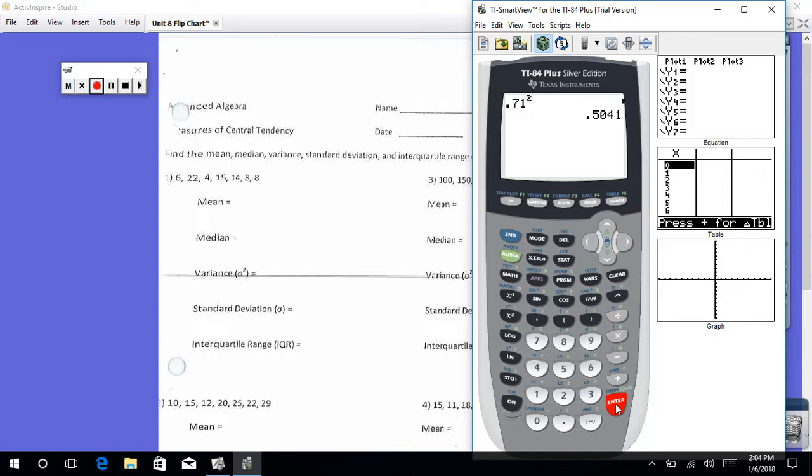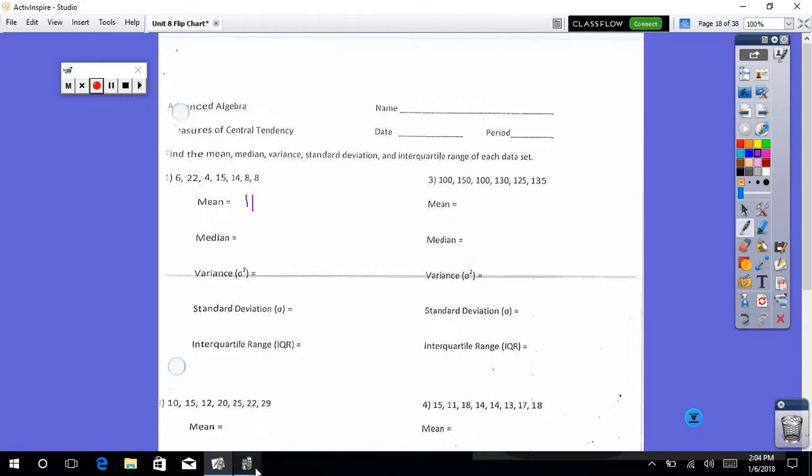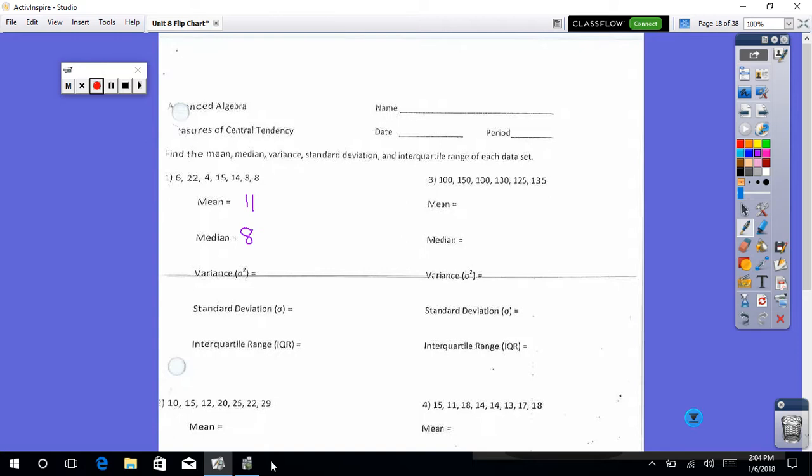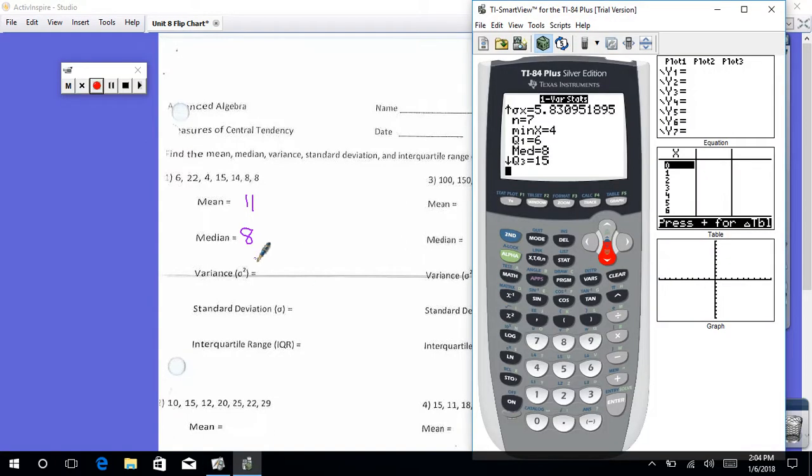Let's pull up all of this data. My average, my mean, is 11. It gives me a median, so we got to scroll down. Remember when we made our box and whisker, it's down here. Our median is 8. You have to skip the variance for a second. Standard deviation is 5.83.